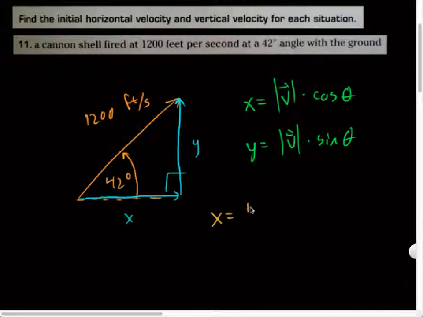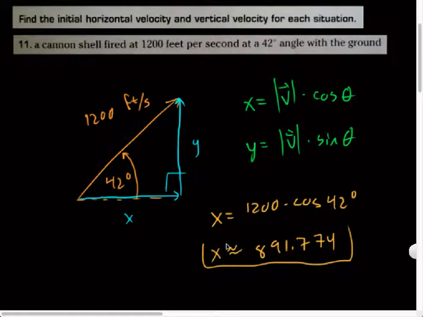So x is equal to 1,200 times cosine of 42, which is going to be about 891.774 feet per second.